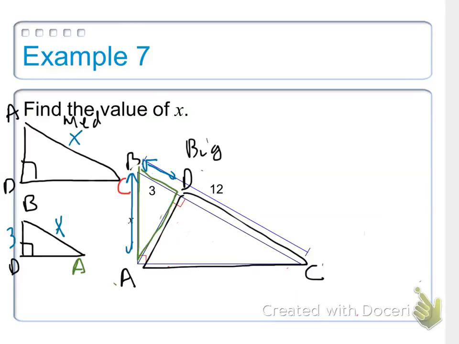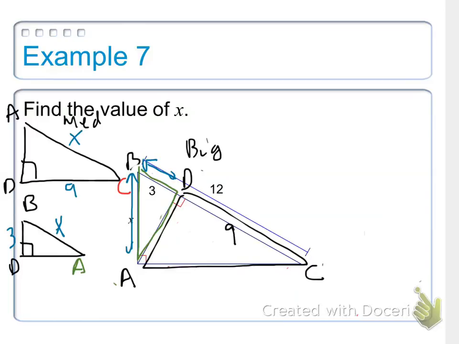We said earlier that this was 9 right here, from D to C. So wherever I see D to C, I'm going to put 9. D to C is 9 right here. And then there's no BC anywhere except in the big triangle, where BC is 12. So we've got everything listed there.